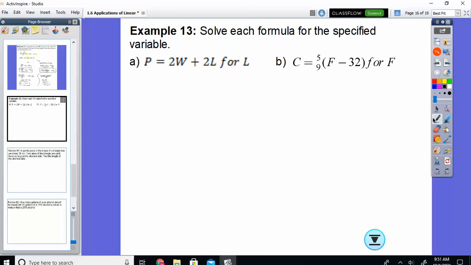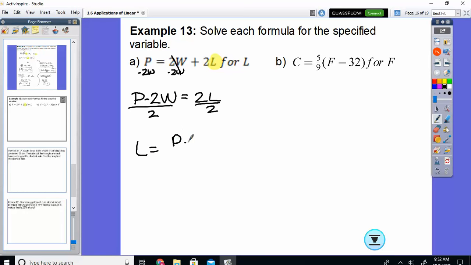I want to solve for the L. So to get the L by itself, what should I do? They're not like terms, so you can't actually combine them, so it's just P minus 2W. Then what? So your L is P minus 2W, all divided by 2.